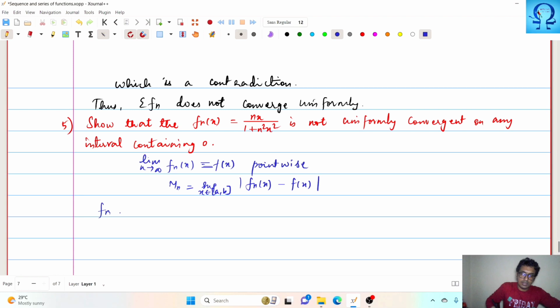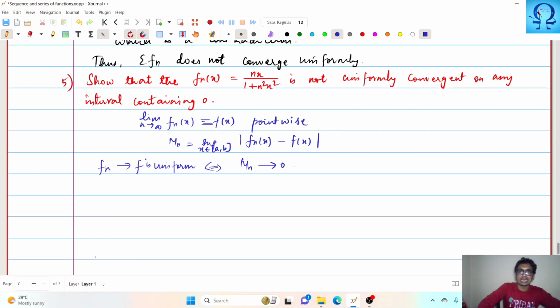Then the convergence of fn to f is uniform if and only if Mn converges to 0. This is the result that we will make use of here. What is the pointwise limit of this fn? Limit n approaches infinity, fn of x is going to be 0. We have checked this for all x.